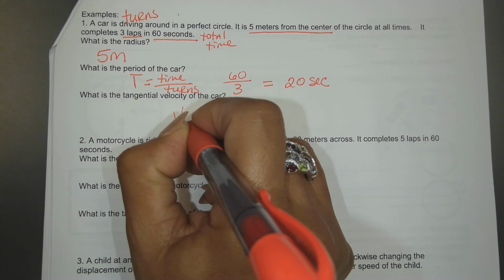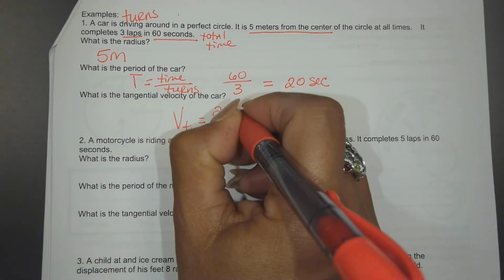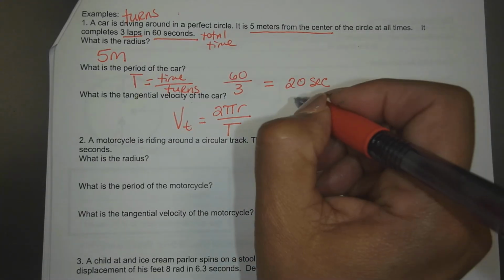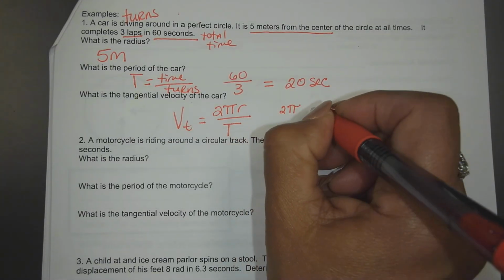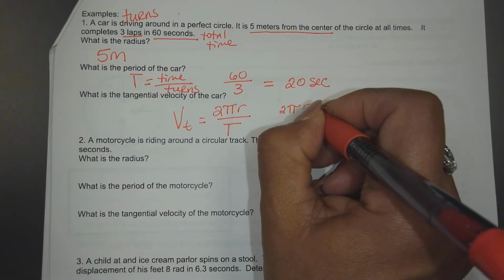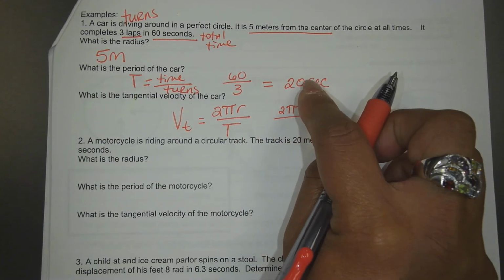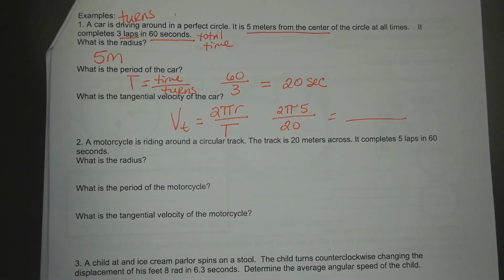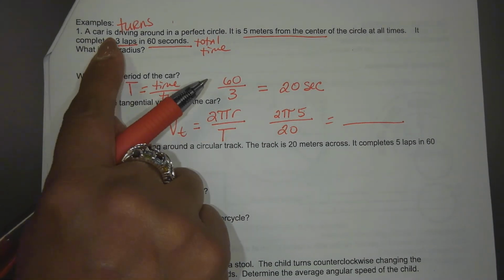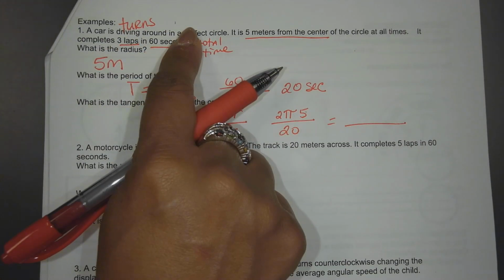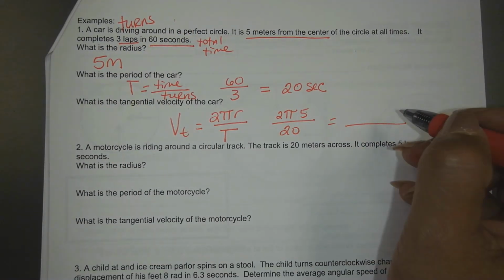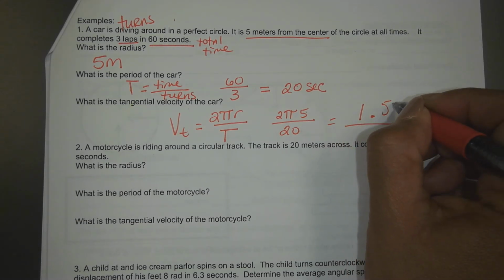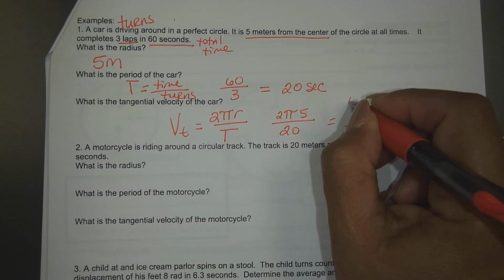So tangent velocity equals 2 pi r over period, or 2 pi, r is 5 meters, over, we calculated the period of 20 seconds, equals your tangent velocity. Meaning if this car was to lose control going around this track, it would shoot off and hit somebody that's watching at about 1.57 meters per second.